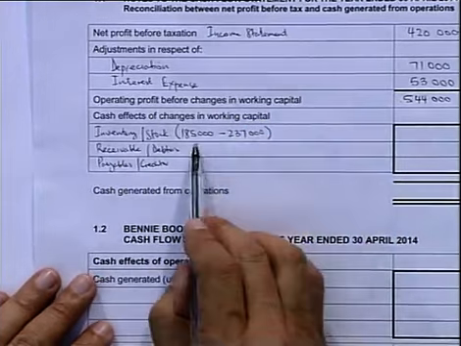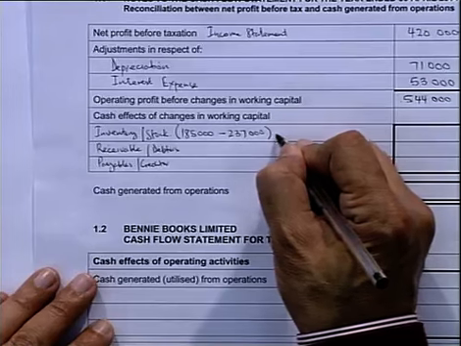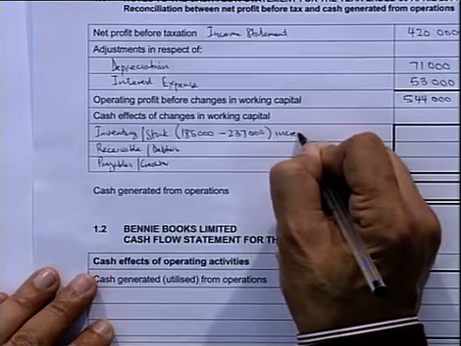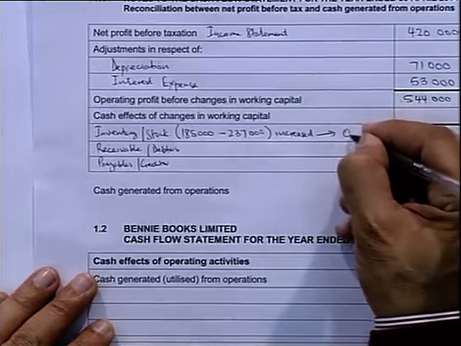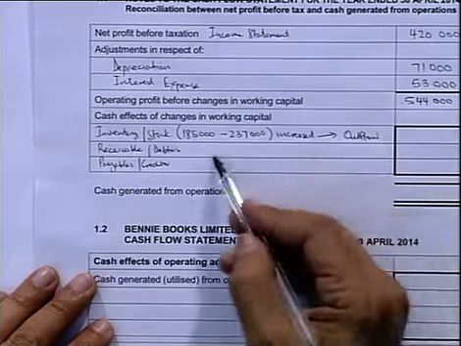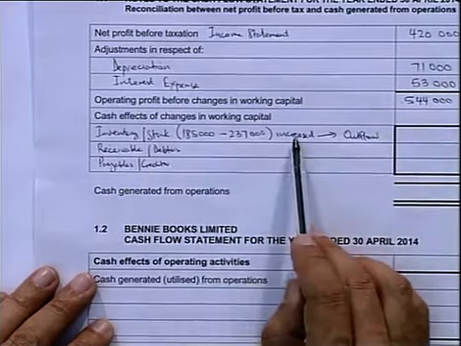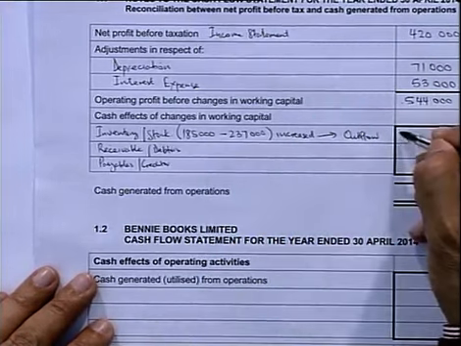Okay. Now what happened to the inventory? The inventory increased. Therefore, that will be an outflow. Why did the inventory increase? Because we went to go and purchase inventory. We went to go and buy inventory, so money will be spent.